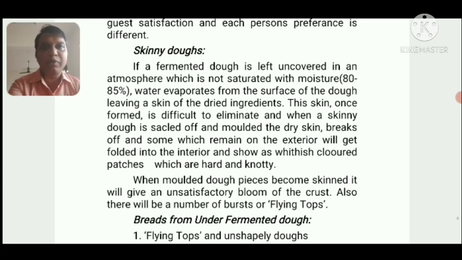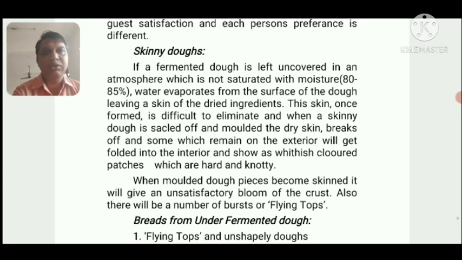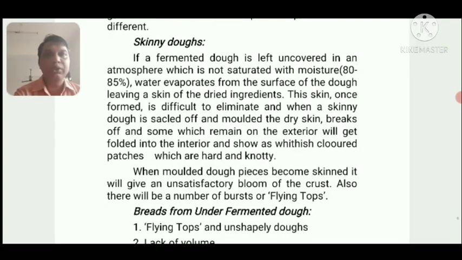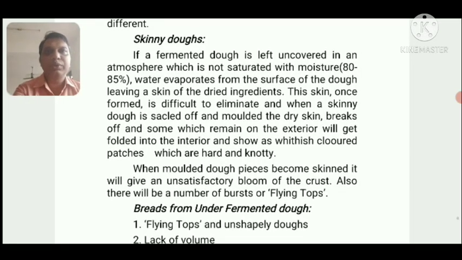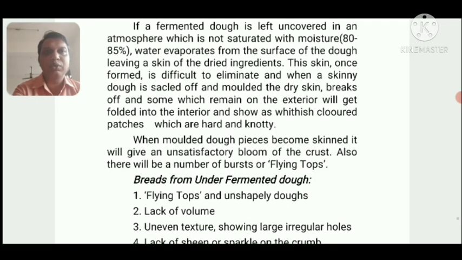It develops a type of skin and cracks on the dough, and that cracked skin is very difficult to remove. So it is very important that when we make a dough, we keep it in a moist area where the moisture of the dough cannot be lost.